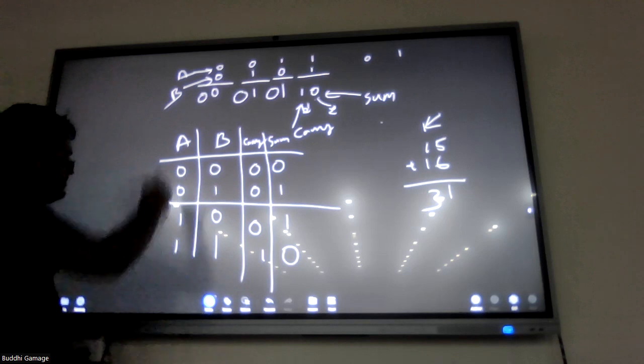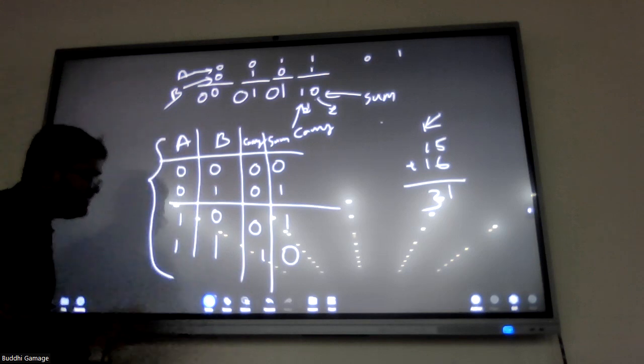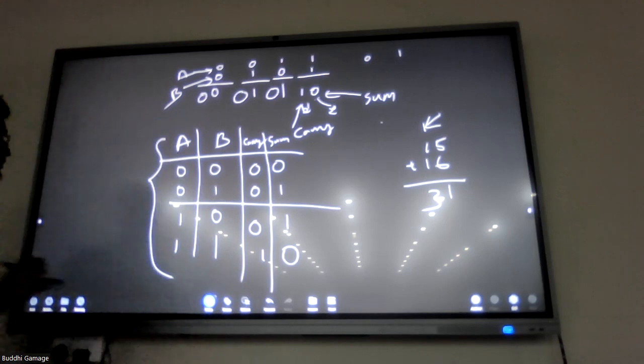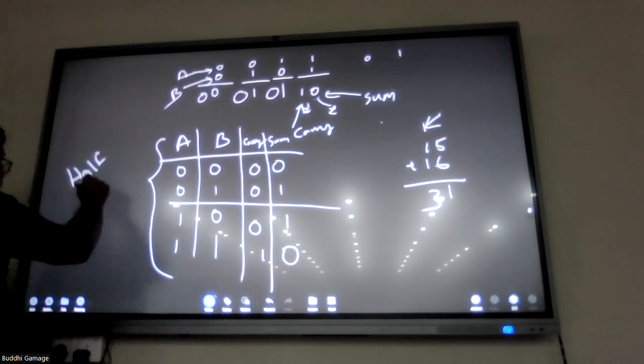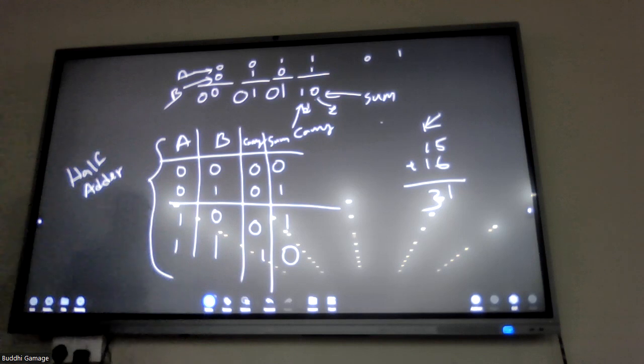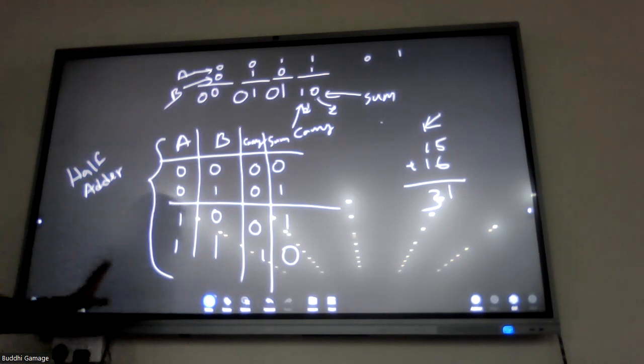So this truth table is representing the half adder. You need to write this down. So this is going to be half adder.